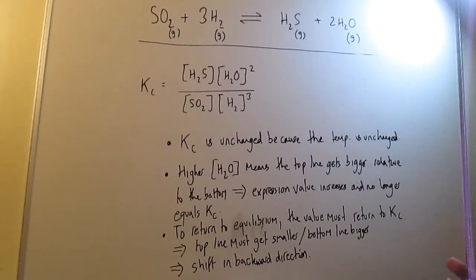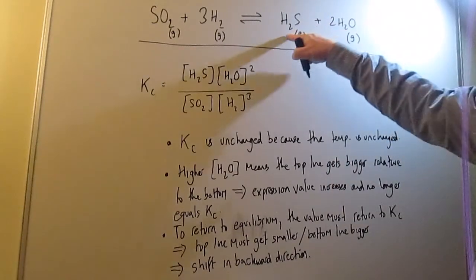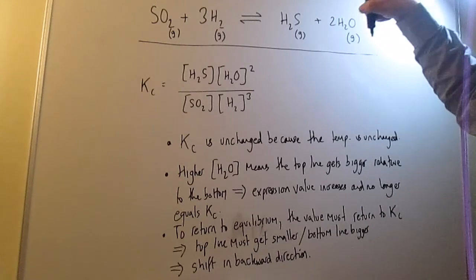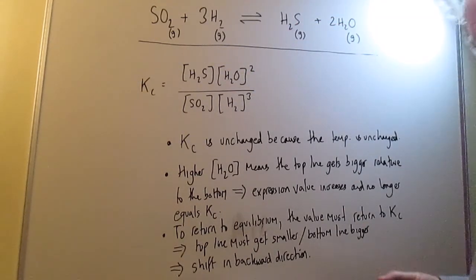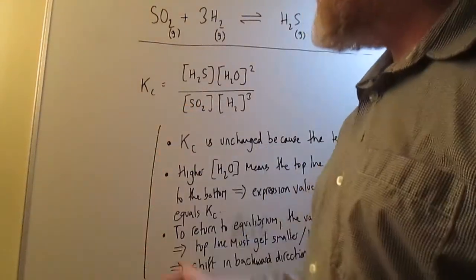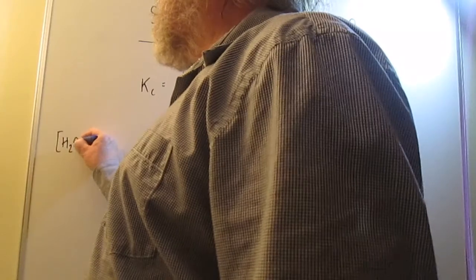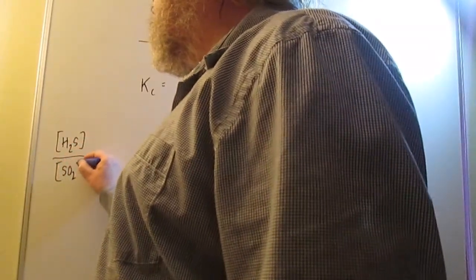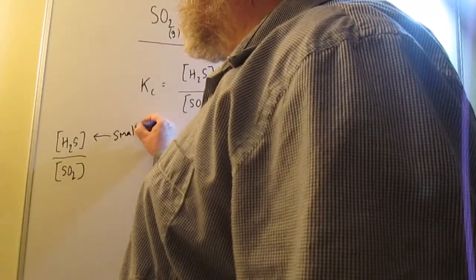But you can't stop there, because the question said what happens to the ratio of H2S concentration divided by SO2? Well, you can see that we're going to have less H2S and more SO2. So if we just do this bit over here, we can see that H2S divided by SO2, that's the value it's asked us to comment on, and we can see that that's going to get smaller.